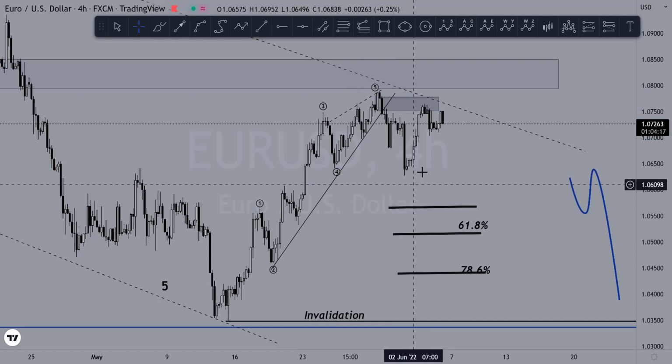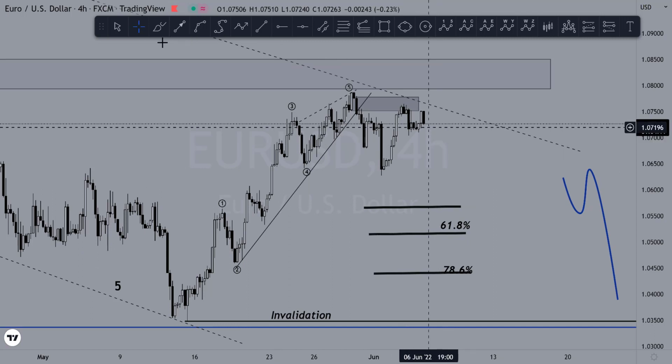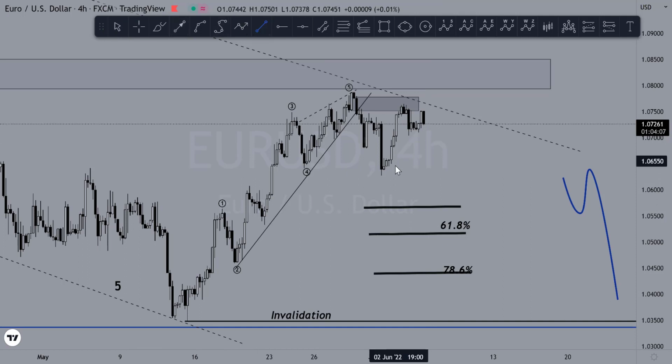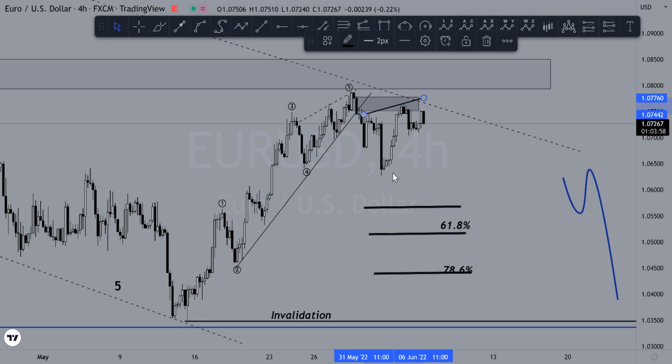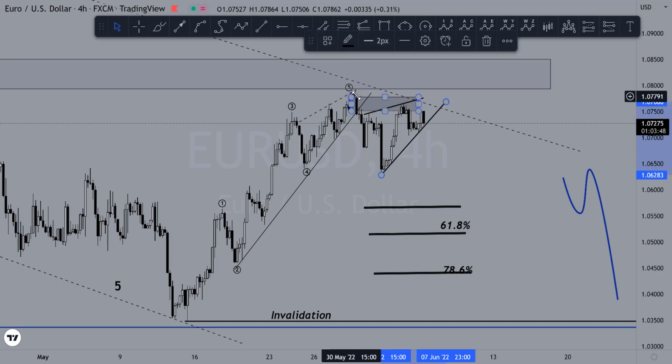So what am I expecting? I'm just expecting the direct opposite of what we talked about on the DXY. If I take my trend line there, I'm expecting this price to correct like that, and this to correct like that, coming back to this order block, like what is happening now.